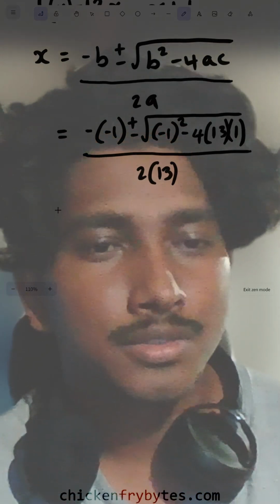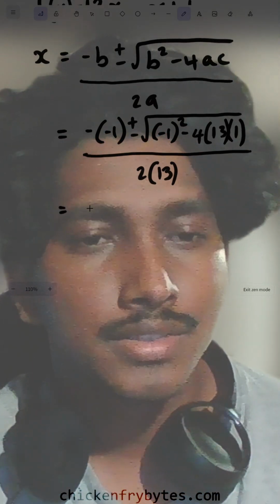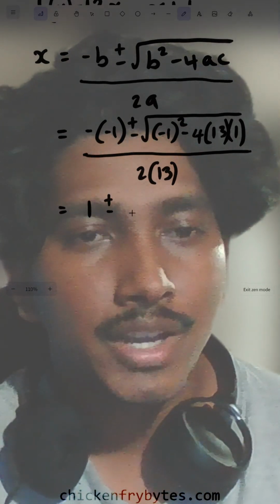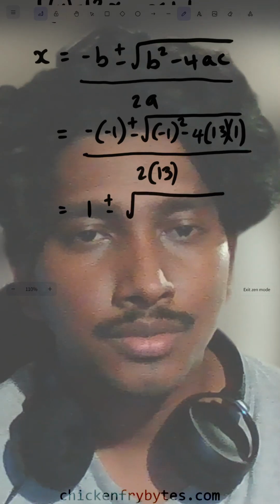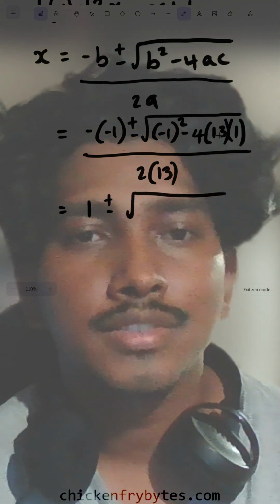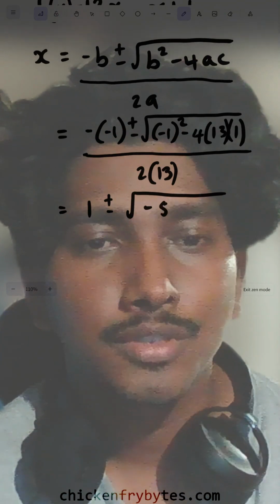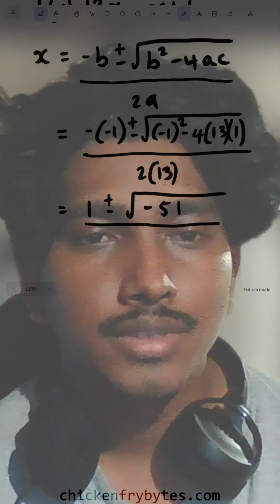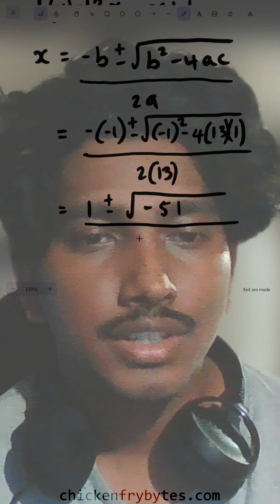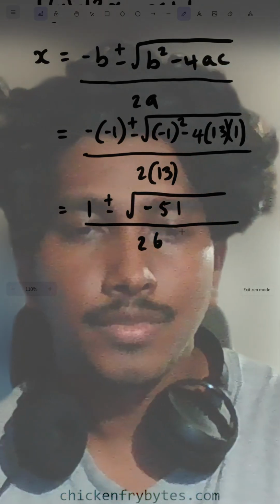And so this will evaluate to positive 1 plus or minus the square root of, well, we know 1 minus 52 is negative 51, all divided by 2 times 13, which is 26.